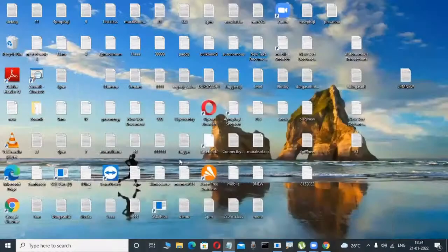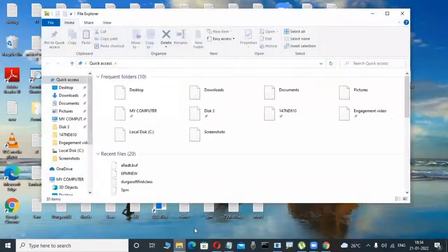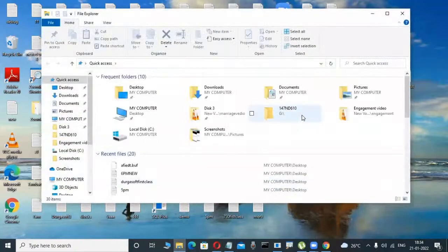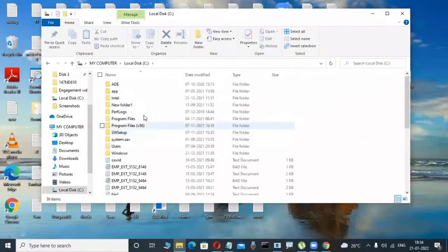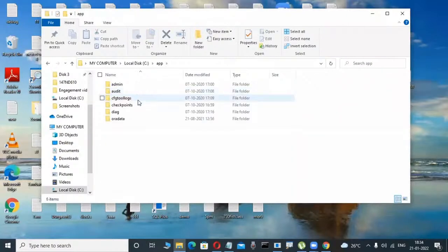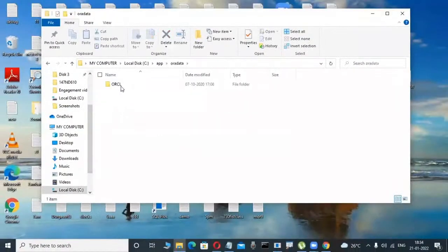Now I'm interested to view whether this table is created or not in my operating system. Suppose a Windows operating system is there, where Oracle is installed. In that location, for example in C colon, where Oracle is, these are directories, these are folders: Oracle, Oradata, ORCL.